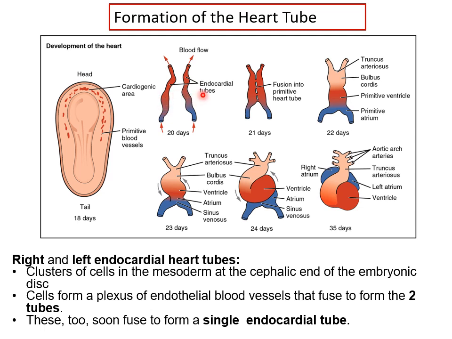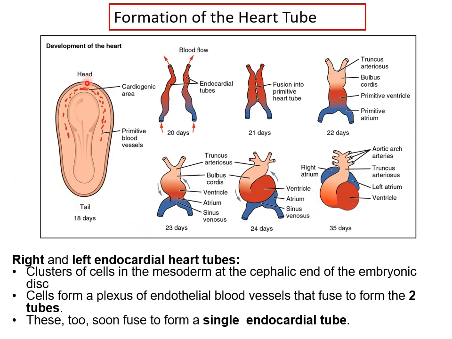Soon, as you can see, these two tubes will start fusing from the center, and the fusion proceeds cranially and caudally until you get one single primitive heart tube or primitive endocardial tube. But the fusion, you can see, does not happen at the extreme ends of the two tubes. So we shall see how from a simple tube the heart will develop into the adult heart.